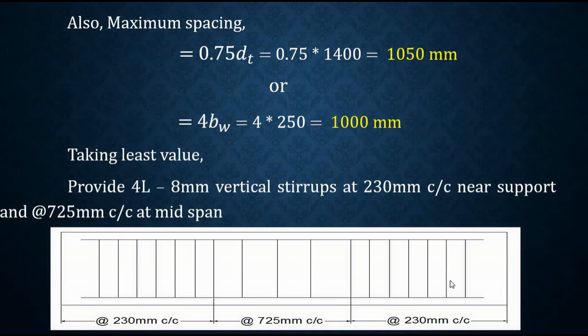Here as well as here we are providing 4-legged, 8 mm vertical stirrups with a spacing of 230 mm. But at the center we are providing 4-legged 8 mm vertical stirrups at a distance of 725 mm center to center. This is how we can design for a shear. Hope you have understood. Thank you.